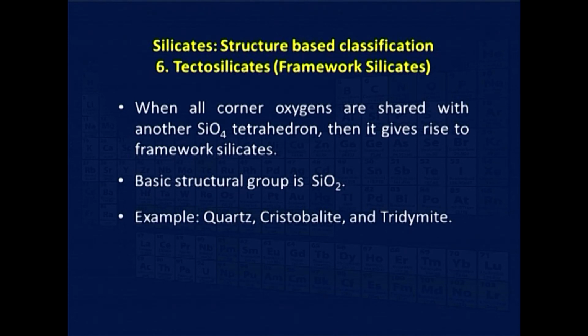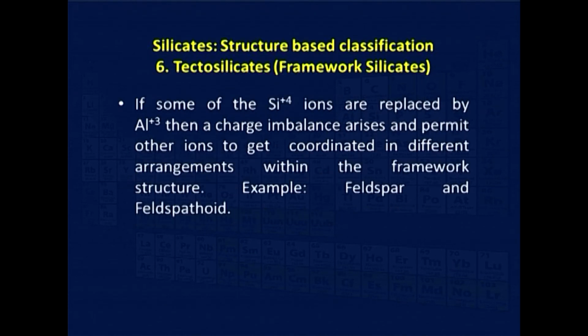The best examples are quartz, cristobalite and tridymite. In tectosilicate, if some of the silicon ions are replaced by aluminum ions, then a charge imbalance arises and permits other ions to get coordinated in different arrangements within the framework structure. The best examples are feldspar and feldspathoid.